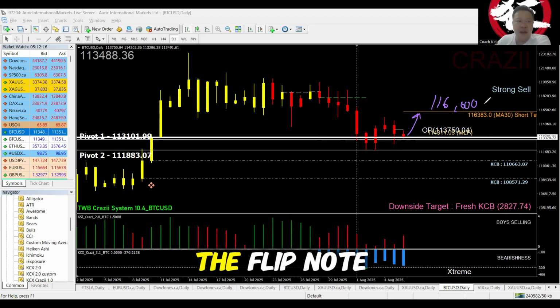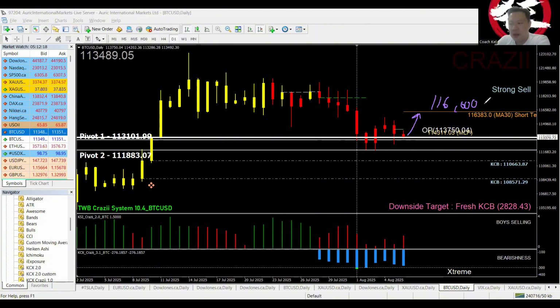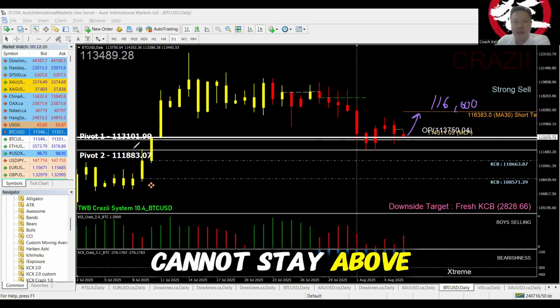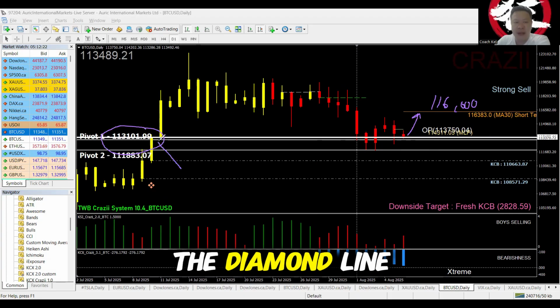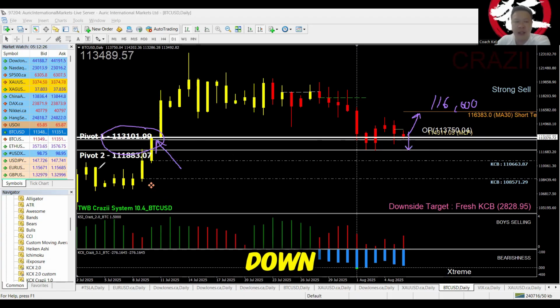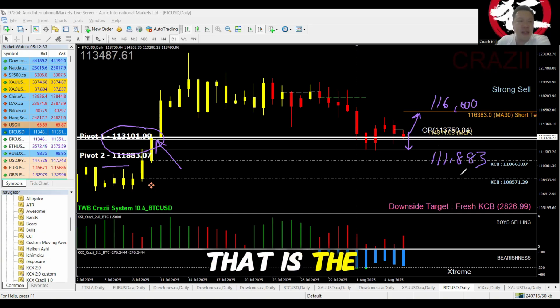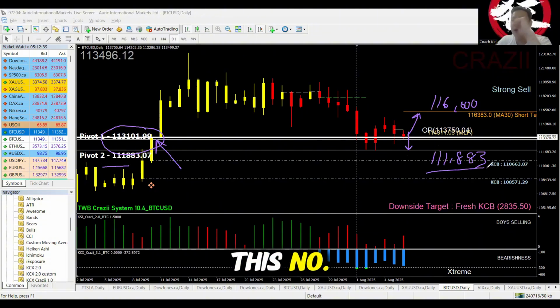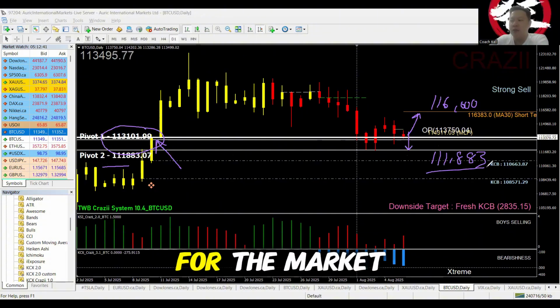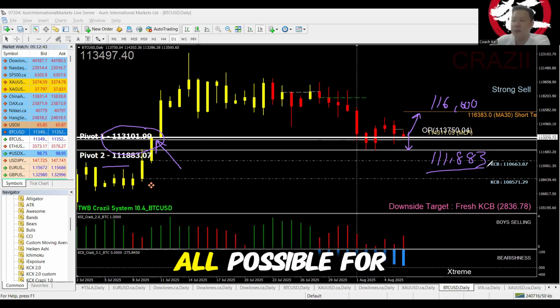But on the flip side, if the market cannot stay above the diamond line and the pivot here, then the selling should be able to bring it all the way down to the 111,883 level. That is the pivot 2 level. So if the market does come down, there is a possibility to see this number, 111,883.